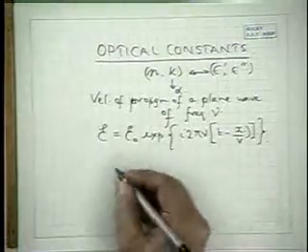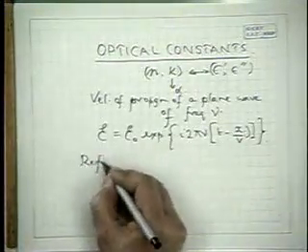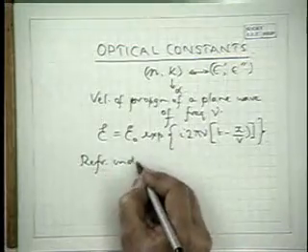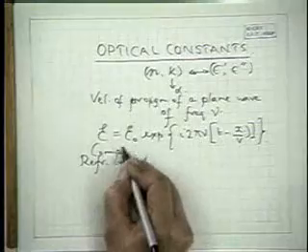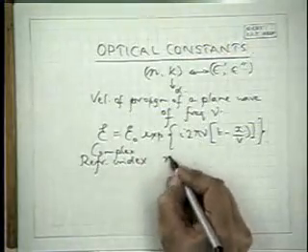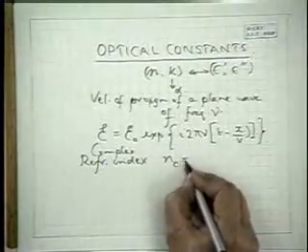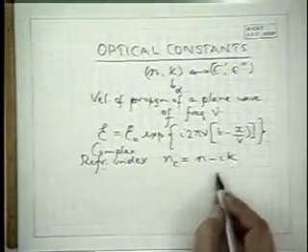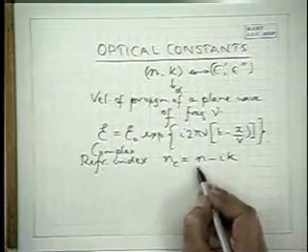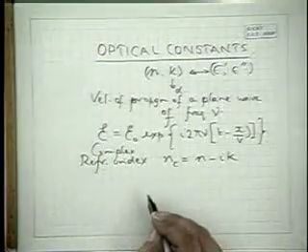Now, suppose we say the wave is propagating through a medium with complex refractive index Nc, which is equal to n minus ik. n is the real part, the refractive index, and k is the imaginary part, which is the extinction coefficient.